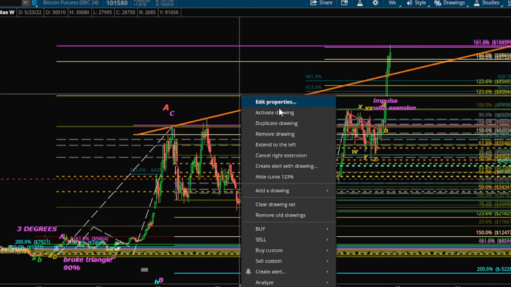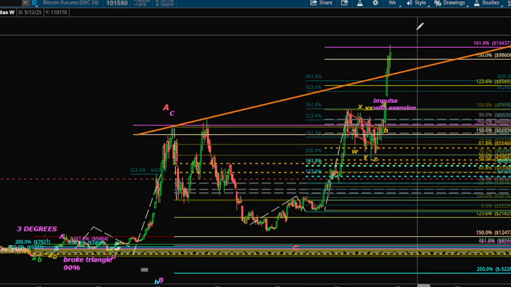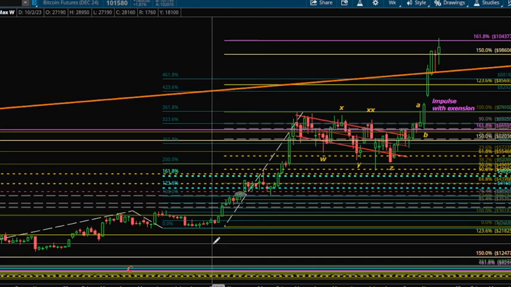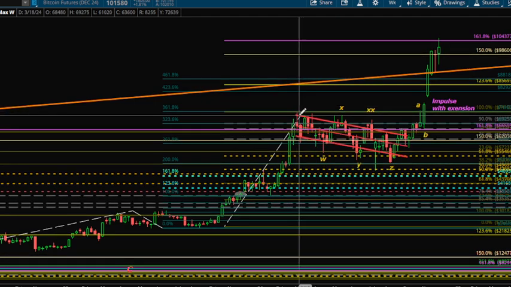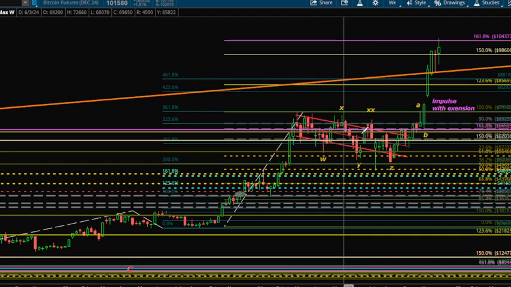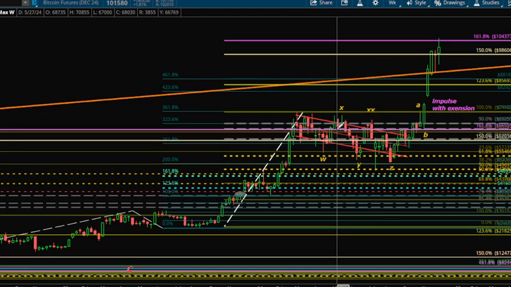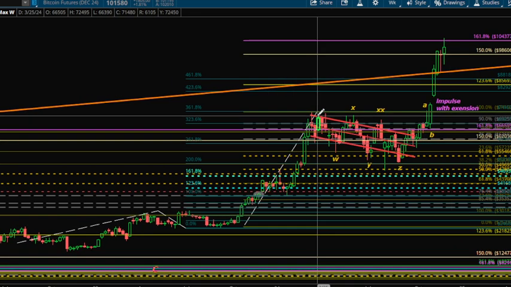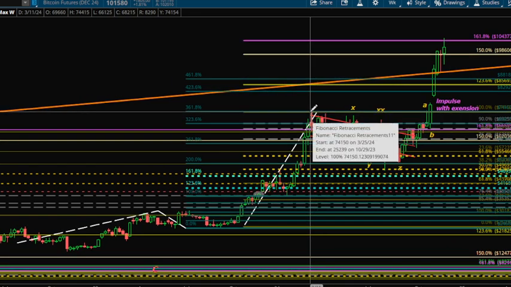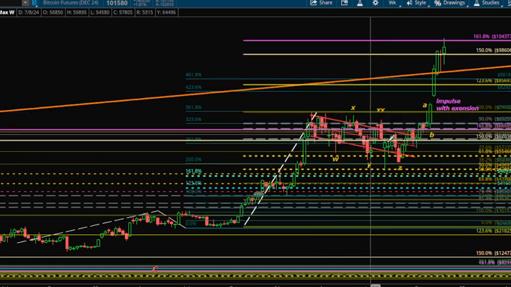Now, I've done some measurements, and right here we have a triple correction. This brings us to the triple correction that started in March of 2024.